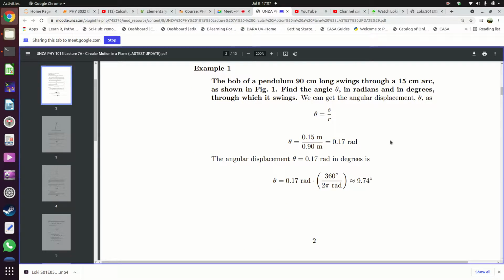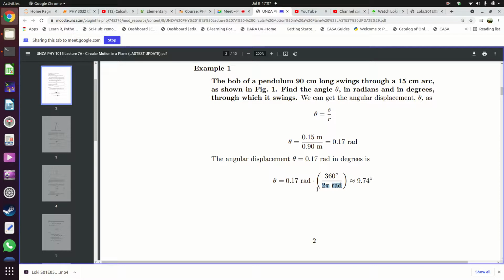We worked out how many radians the pendulum was working to be 0.17 radians, and this is how you change your radians into degrees. You have your radians, which is the angular displacement, 0.17 radians, then you multiply by 360 degrees, then you divide by 2 pi radians.